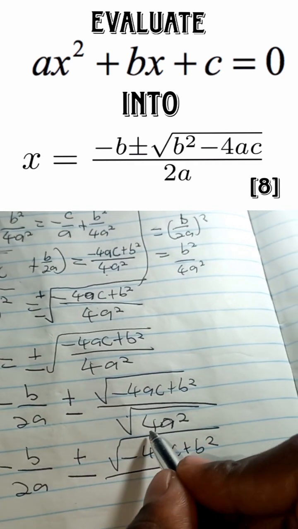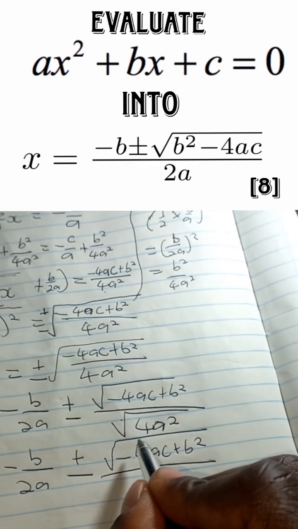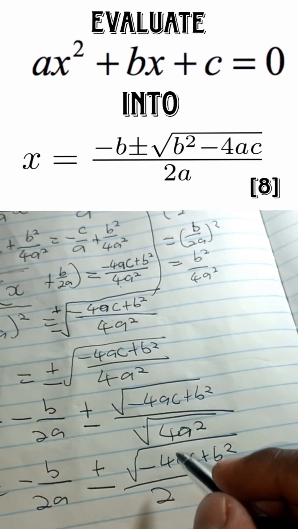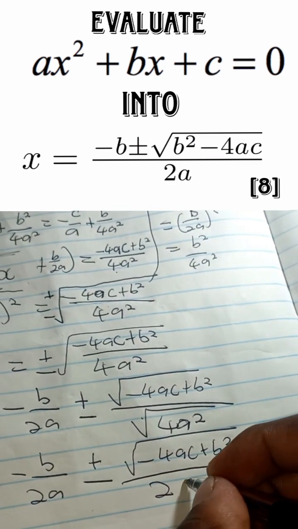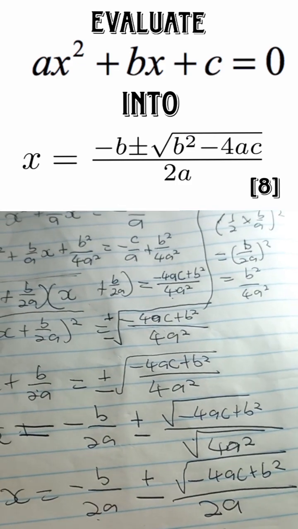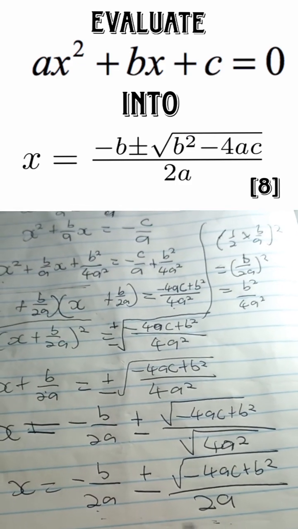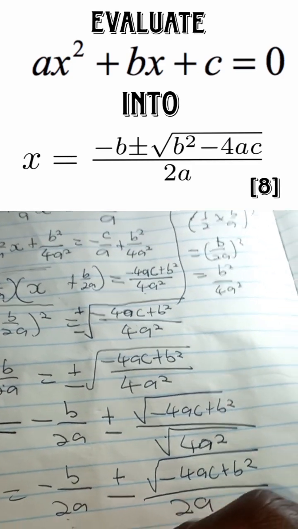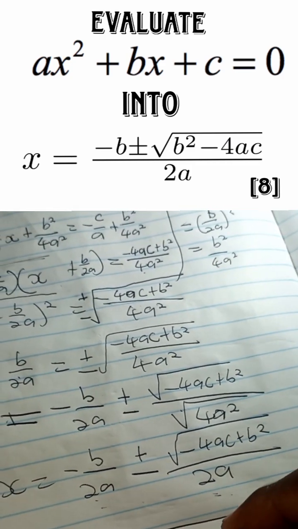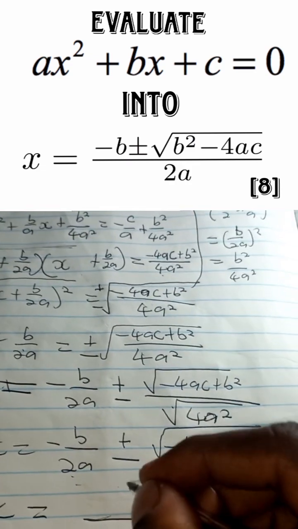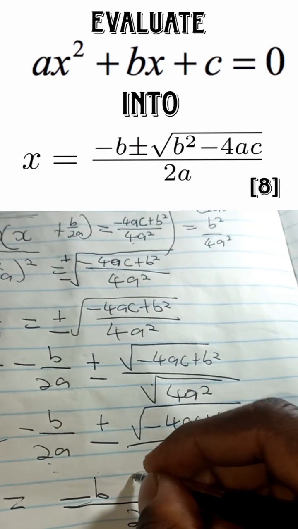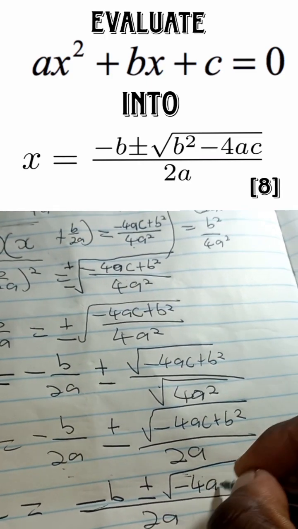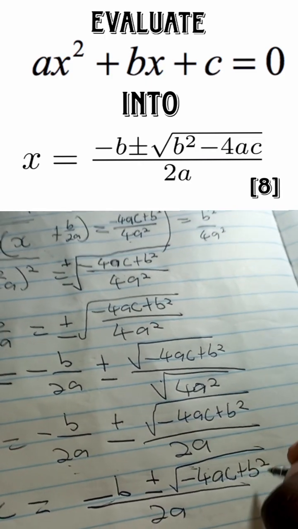The radical of 4a squared: the radical of 4 is 2, and the radical of a squared is a. Now the denominators are the same, so we take one denominator and add the numerators, which gives minus b plus or minus the radical of minus 4ac plus b squared.